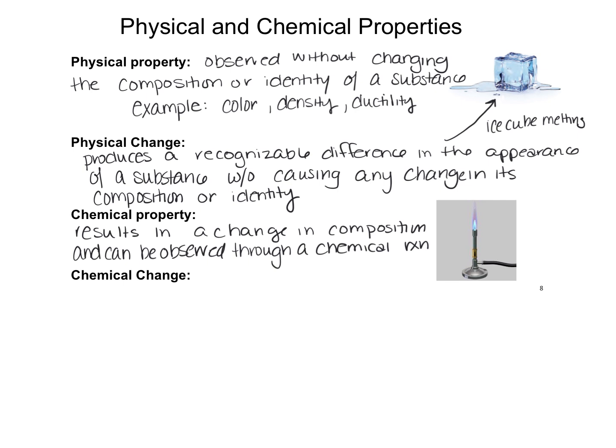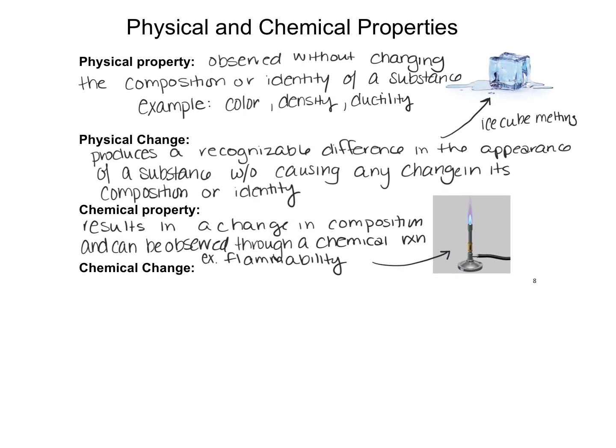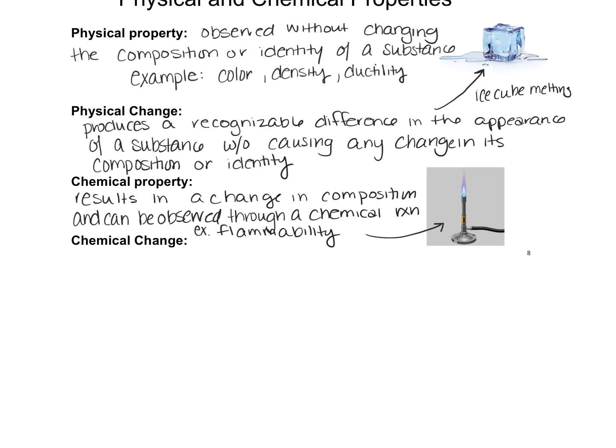And so when we talk about these, these would be things like flammability, the ability of something to catch on fire, right? And we can see a Bunsen burner right here. It is on fire, and what is happening there is that's the propane that is on fire. So the ability of propane to burn, that flammability, that ability to burn, is a chemical property.